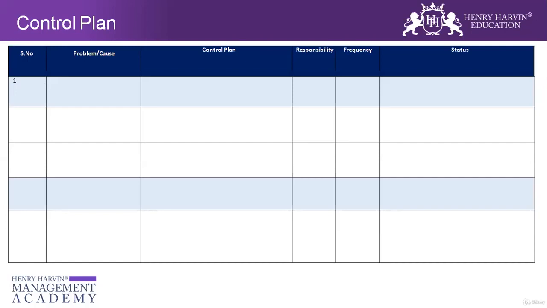One question here. Technically, in the problem cause column, when we were doing all those different charts, the extreme, the special causes or the values that we need to look into, will those come into this kind of a report, and then we see how we are controlling it, and finally what is the status after we have controlled it or adhered to that? Is it so? So what she's asking is, is the control plan to be prepared after preparing the control charts, or should we start it as soon as we enter the control phase?